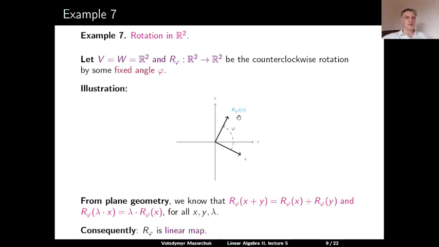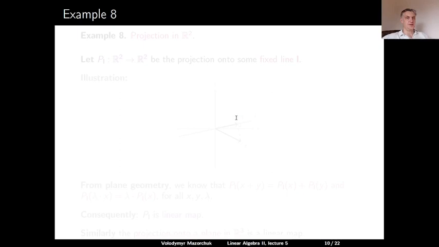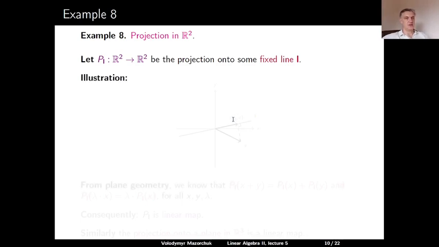Some more geometric examples. Example 8, projection in R2. Consider again the vector space R2 and fix some line L in this vector space which goes through origin, and denote by P sub L the projection of a vector on this line. So here is an illustration.